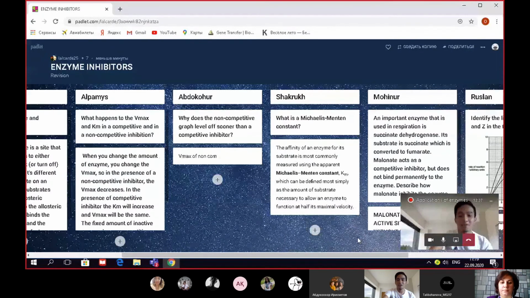First is the name of the inhibitor. Second is how does the inhibitor work? And third is the effect. In identifying, you just need to highlight these 3 things within the text using different colors.